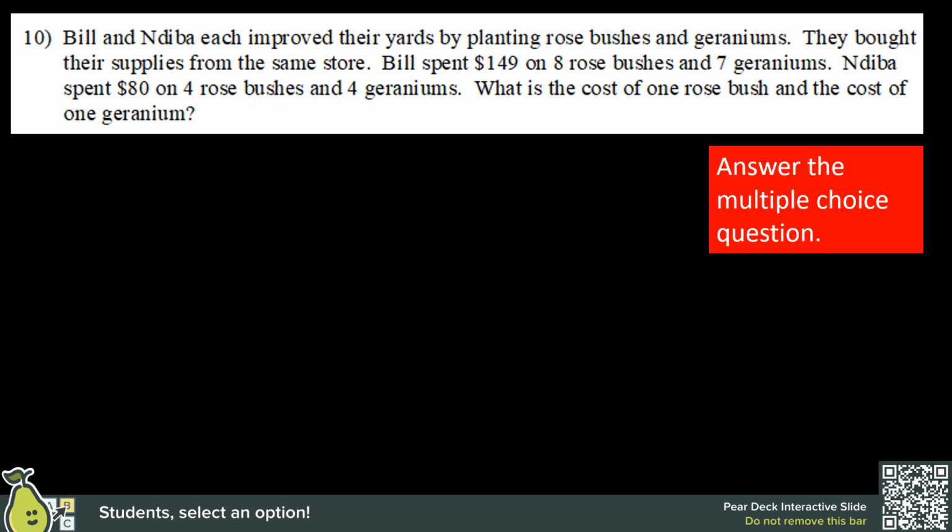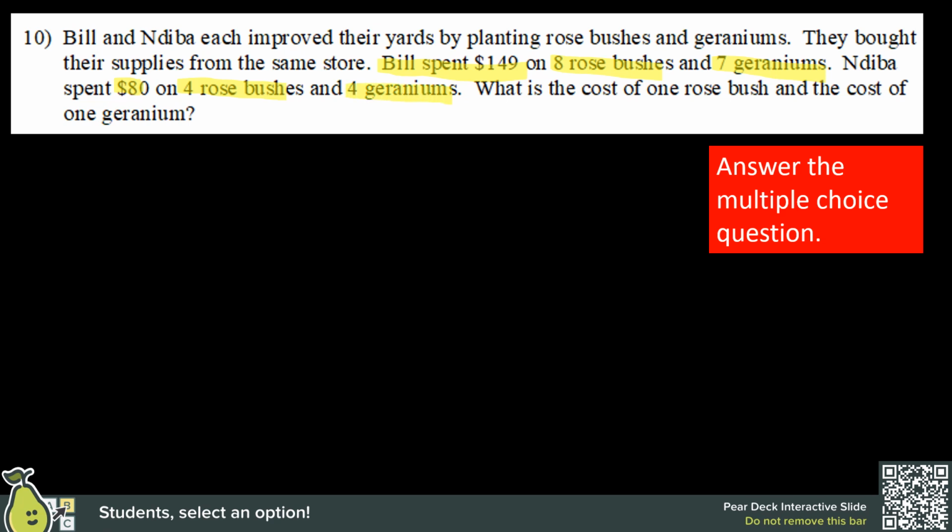It says Bill and Adiba each improved their yards by planting rose bushes and geraniums. They bought their supplies from the same store. Okay, so then they start off by talking about that Bill spent $149 on 8 rose bushes, 7 geraniums, and Adiba spent $80 on 4 rose bushes and 4 geraniums.